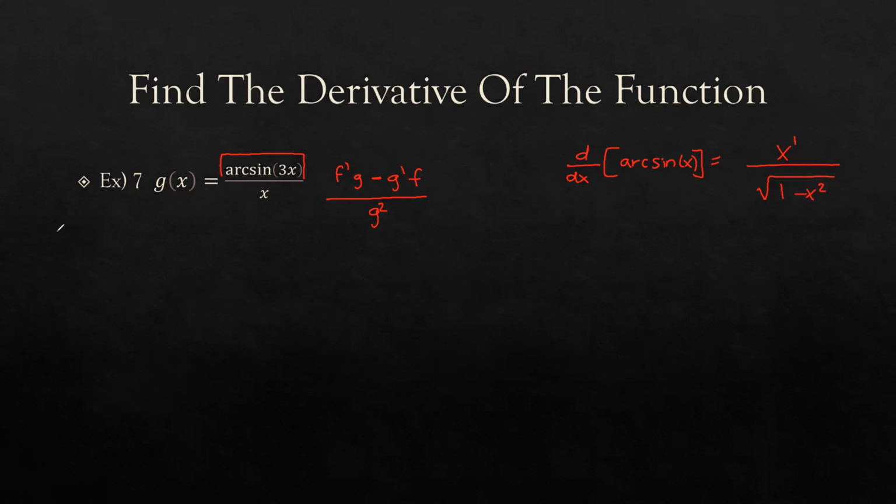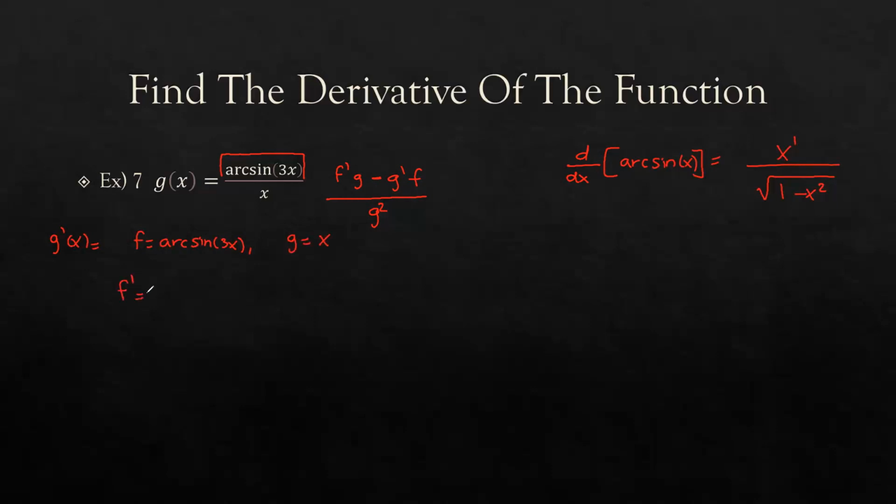So let's start doing our derivative. First I'm going to determine what's my f and my g. My f is the numerator, so my f is arc sin of 3x, and then my g is the bottom, just regular x.